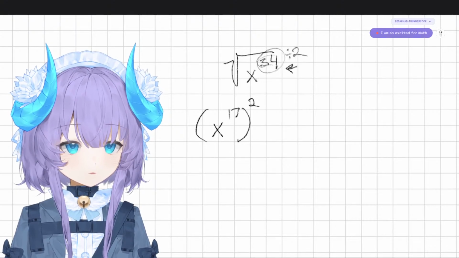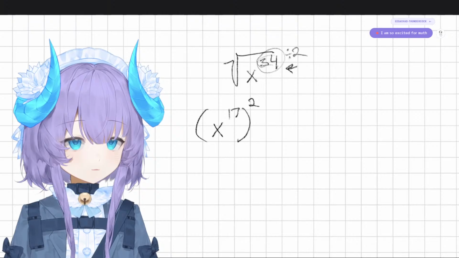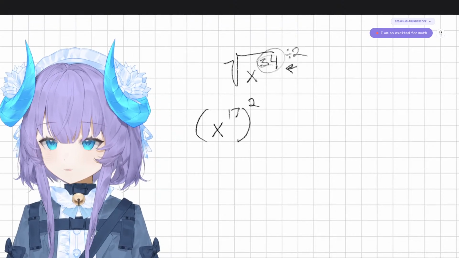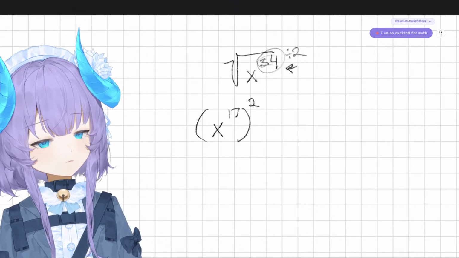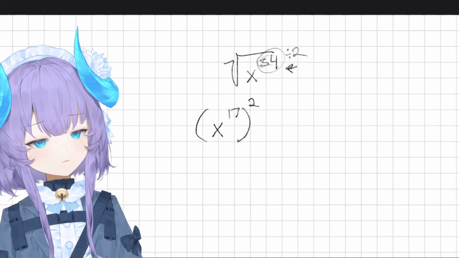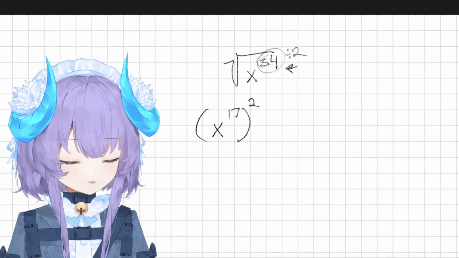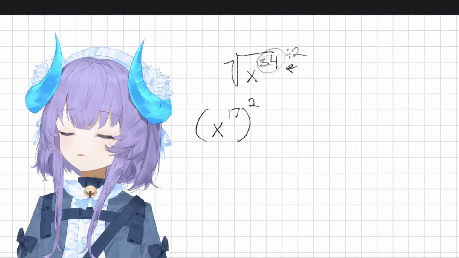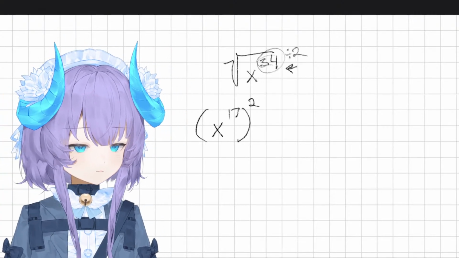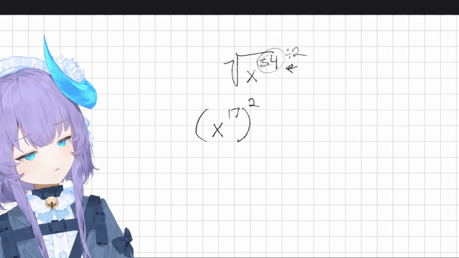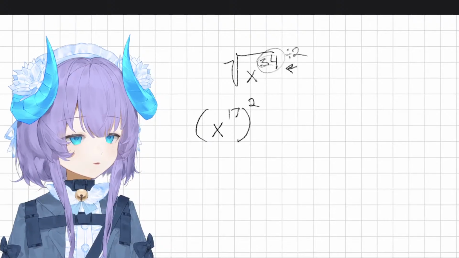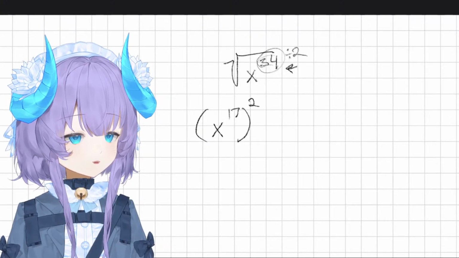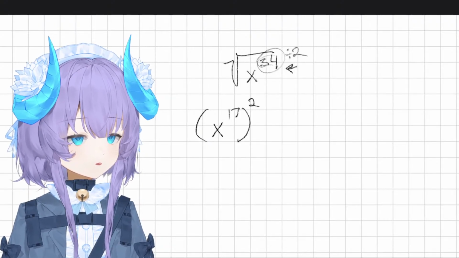Oh, what? Why is it not that? Would it be whatever the square of 34 is? So the root of 34? What would that be?